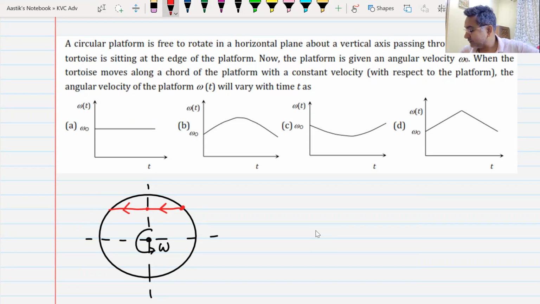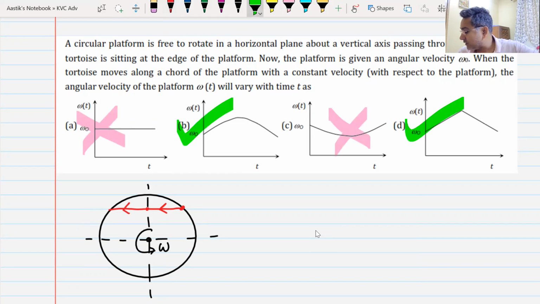Yes or no? So this option goes Bhagwan ke paas. This option goes Bhagwan ke paas. The only two options in contention are 2 and 4. What is the difference between the second and the fourth one? In the fourth one, omega varies linearly. In the second one, it is along a curve. Which one will be correct?